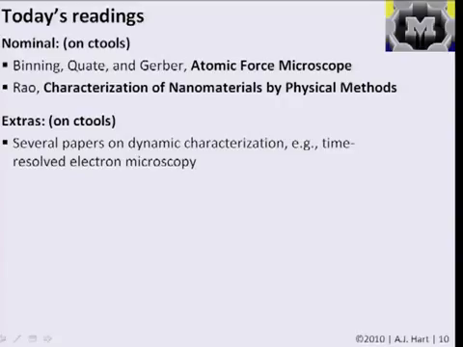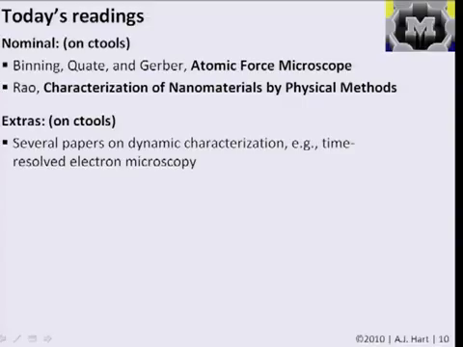A lot of the techniques we'll talk about today are essentially static, or you could say pretty slow. It takes maybe a few seconds to get an image or a few minutes to get an image because you need to scan slowly. Well, a lot of the forefront is now building upon these techniques to get very high rate dynamics.